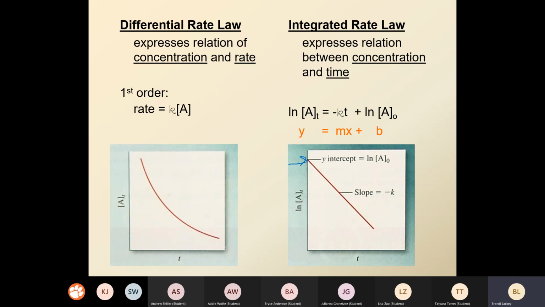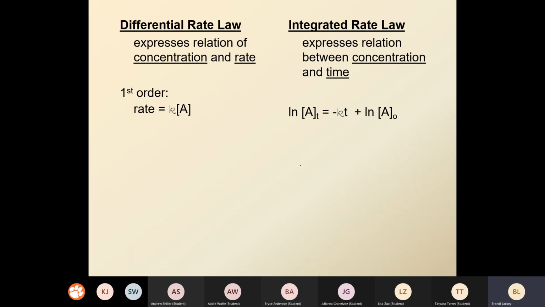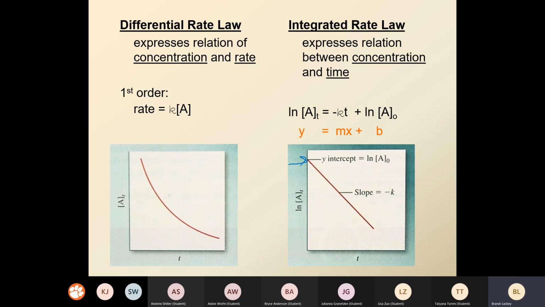Whereas if we were just graphing the first order differential rate law, just looking at the concentration with time, it's a curved line. Just looking at concentration compared to time, if this was a straight line, it would be zero order.